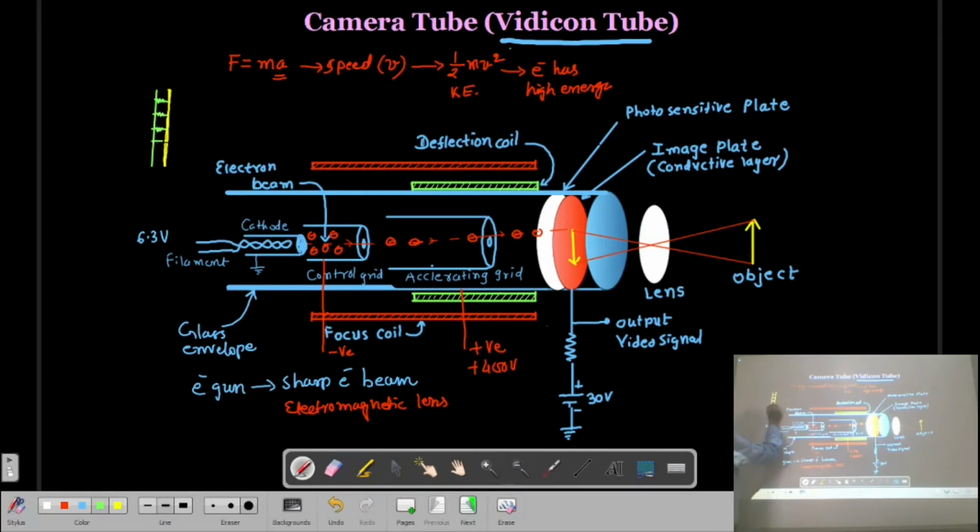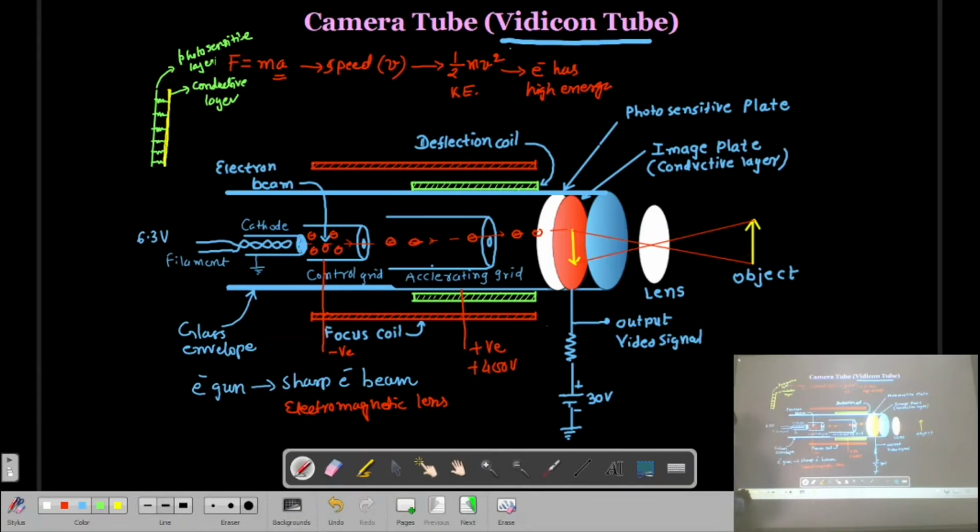Remember, here this is a conductive layer, this is a photosensitive layer. Correct? Now remember how this is going to work.